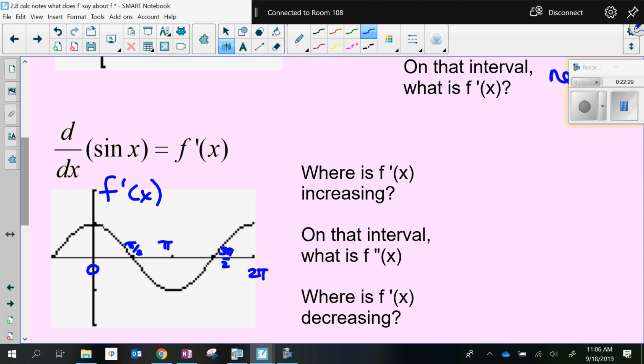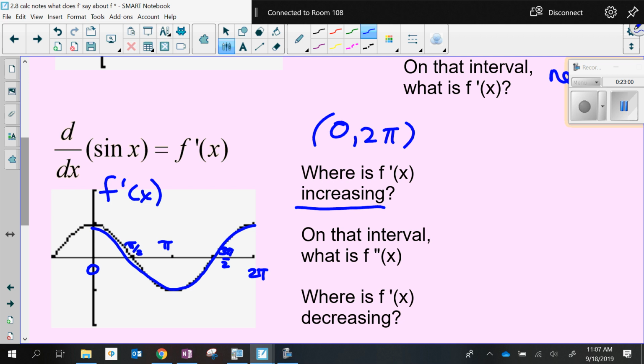Where is F prime increasing, Tessie? F prime, which is this graph right here. Where's it increasing? We're not doing negative pi, we're only going from 0 to 2 pi. So we're starting here and going to here.